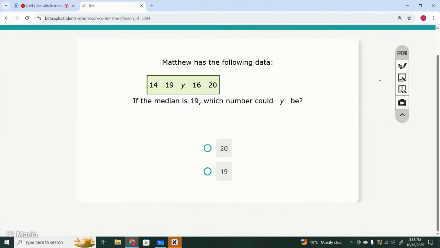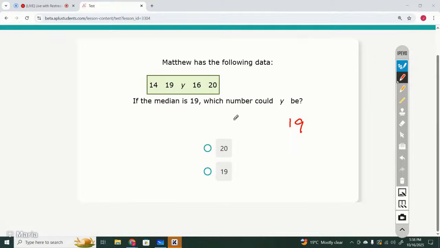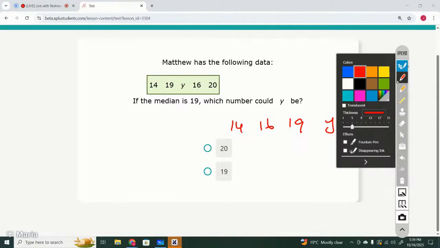Median is 19. That means 19 is the middle number. Before the 19, we have 14 and 16. After 19, it would be Y and T. So it would be 20. The correct option is 20.